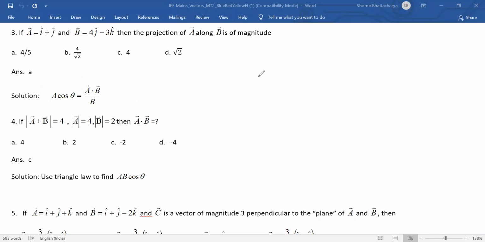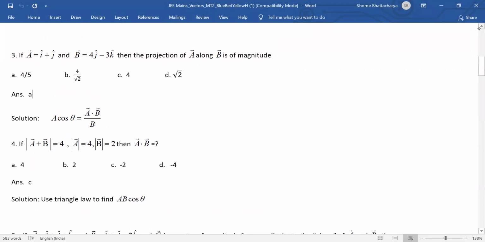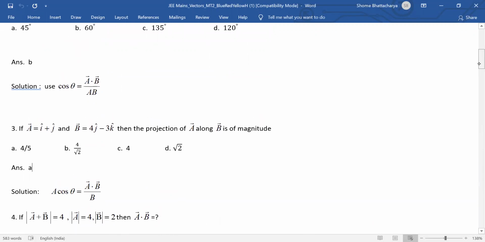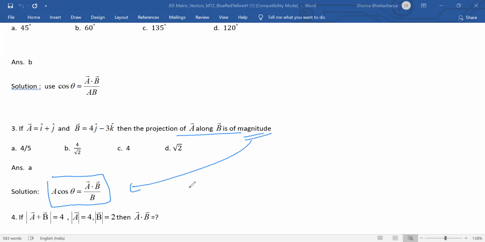You have to find the projection of A along B. For that you have to find this, just the magnitude. Only the magnitude. So just do this operation over here.